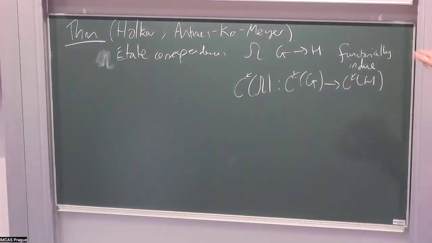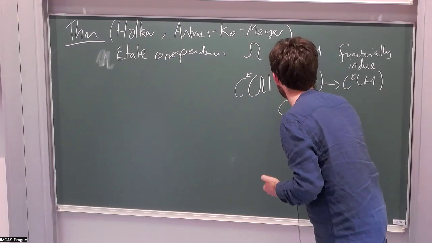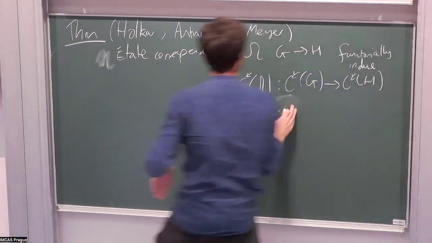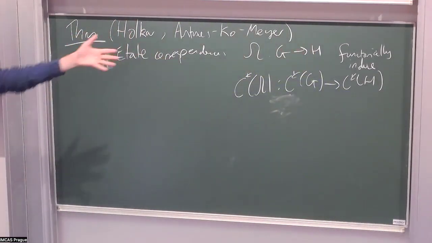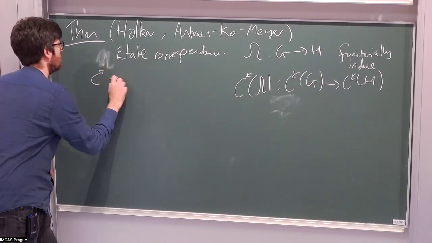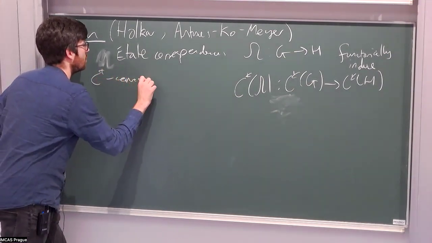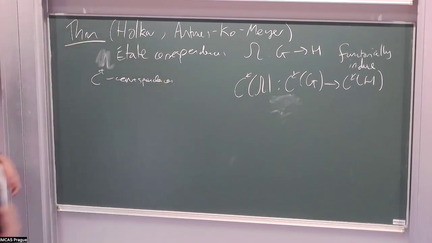I've not told you the composition of correspondences, but it's some way of smashing bispaces together over the middle groupoid. And then you can do a similar thing on the level of C-star algebras, and this is going to be functorial.